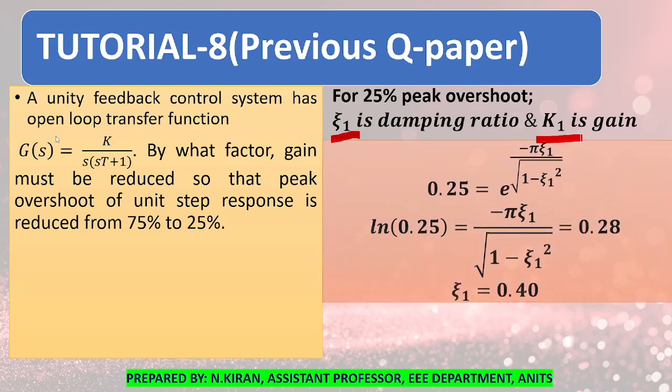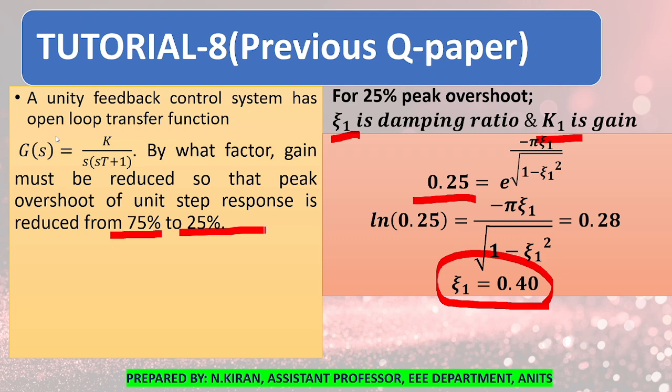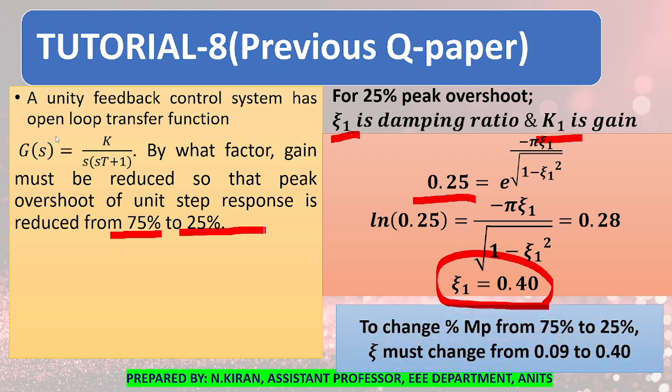Here also, upon substitution in the formula, e power minus pi zeta 1 by root over 1 minus zeta 1 square is 25%, so it is 0.25. Taking natural logarithms on both sides will give me the damping ratio in this case as 0.41. So we can conclude that in order to change the peak overshoot from 75% to 25%, the damping ratio must change from 0.09 to 0.40.